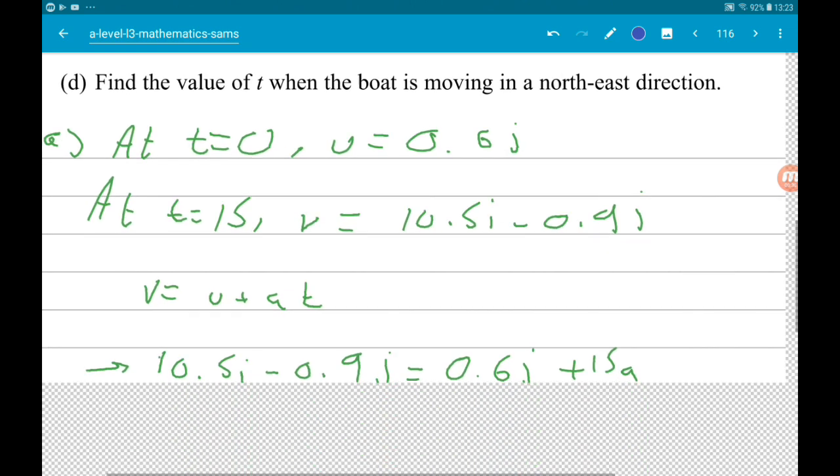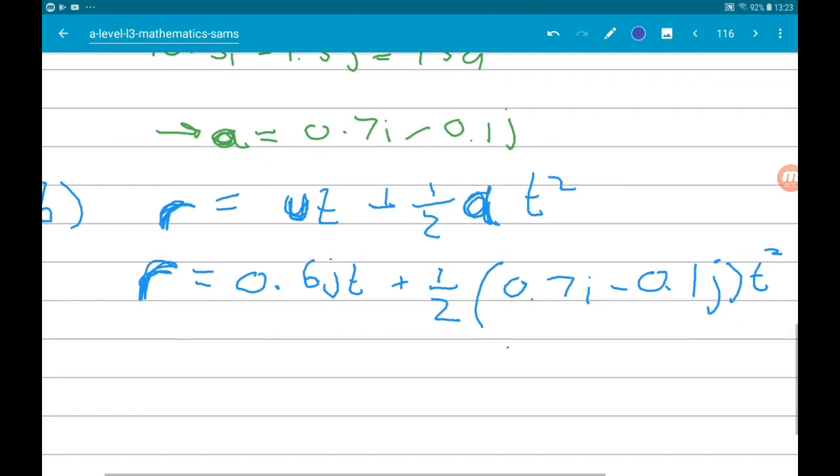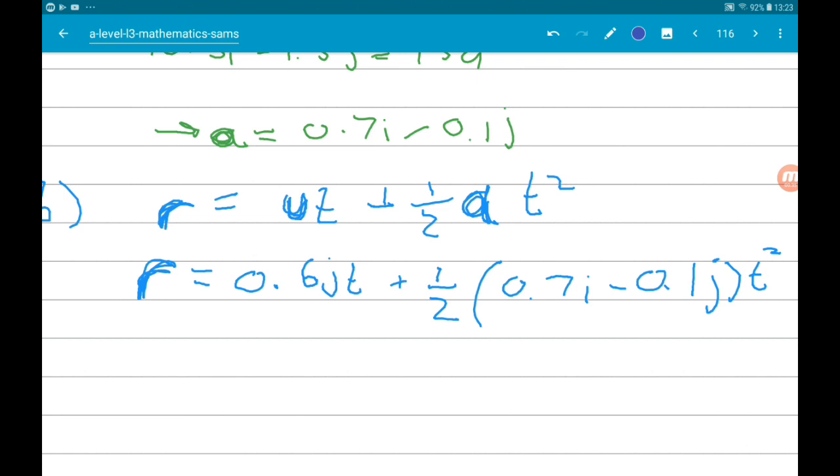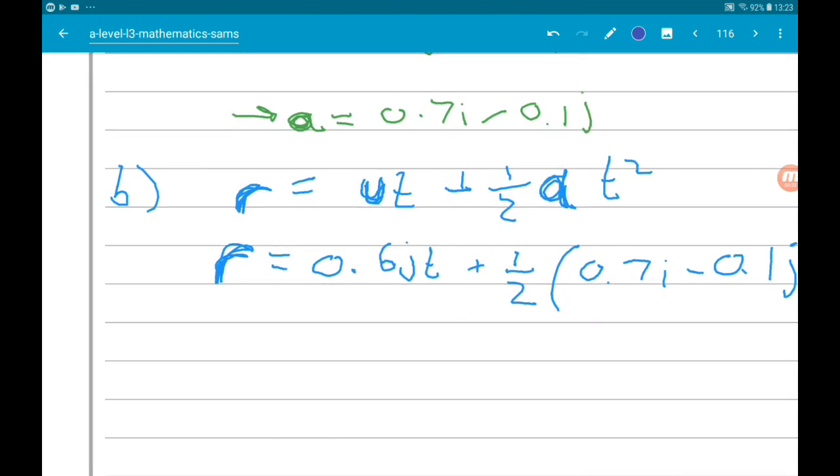So if r is this guy down here, then velocity is going to be the derivative with respect to t.